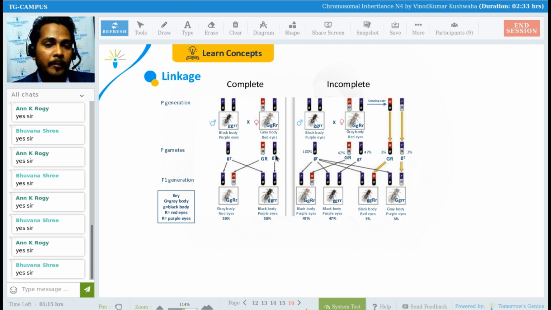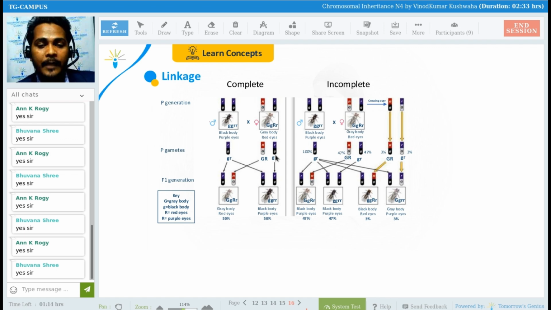See, complete linkage means when two or more genes on the chromosome are very close to each other, they have to be inherited together in the next generation. And if they are inherited in the next generation without crossing over between the genes, it is called complete linkage.